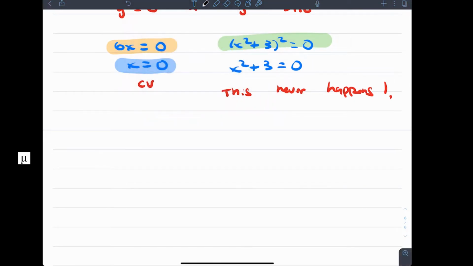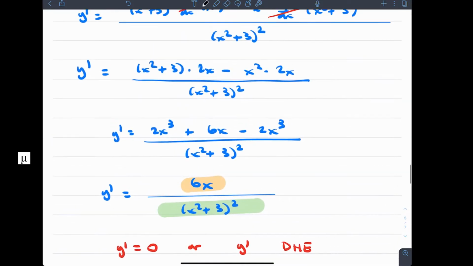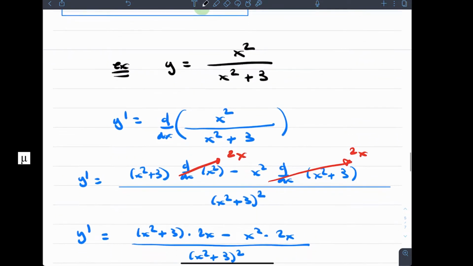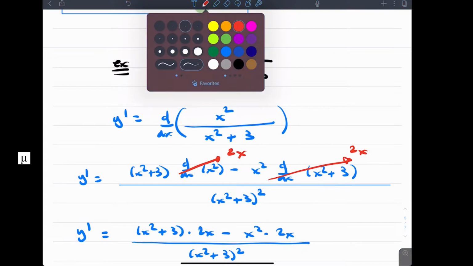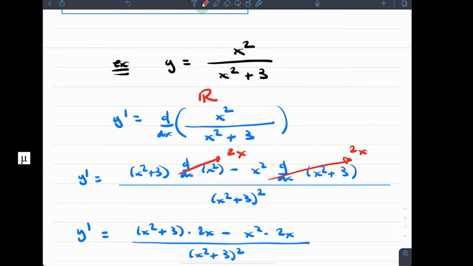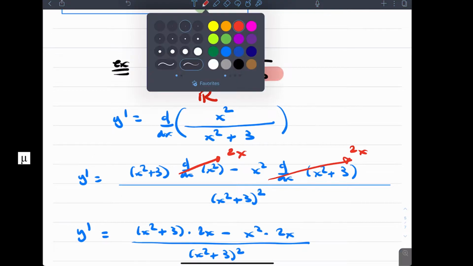Okay? Now, I want you guys to note, this is going to be important for us. What's the domain of the function? Input values. Do you guys know what the domain is? All real numbers. How do we know it's all real numbers? You guys remember how to find the domain? You set the denominator equal to 0.